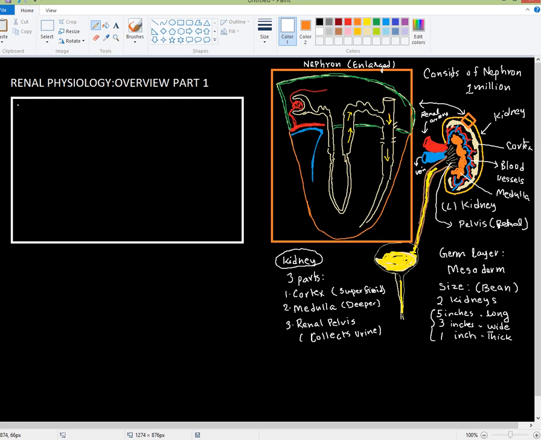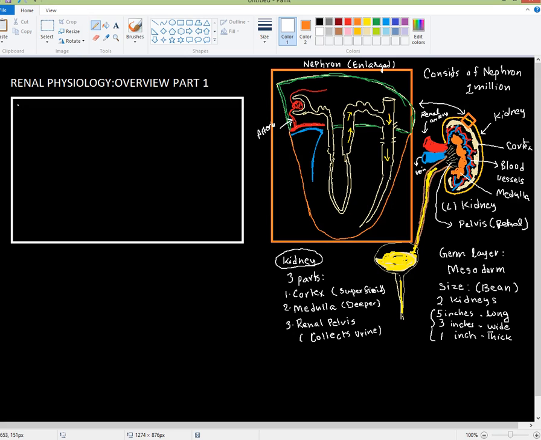So this is the structure of the nephron, of which there are about 1 million in the kidney, and I've drawn just one of them. I tried my best to draw it. It's okay, it's easy to understand. So this red thing that you're seeing is the arteriole.